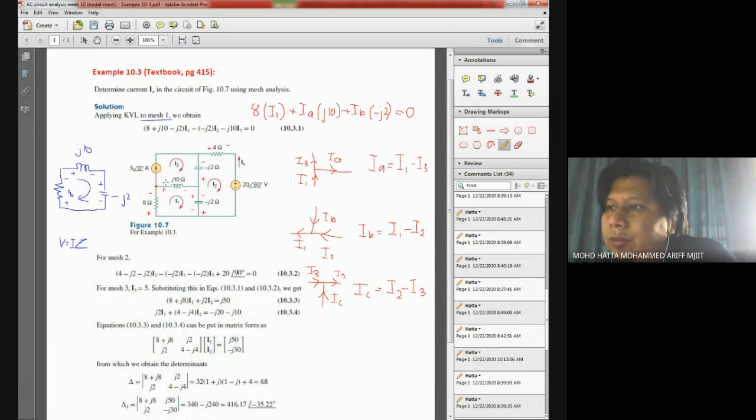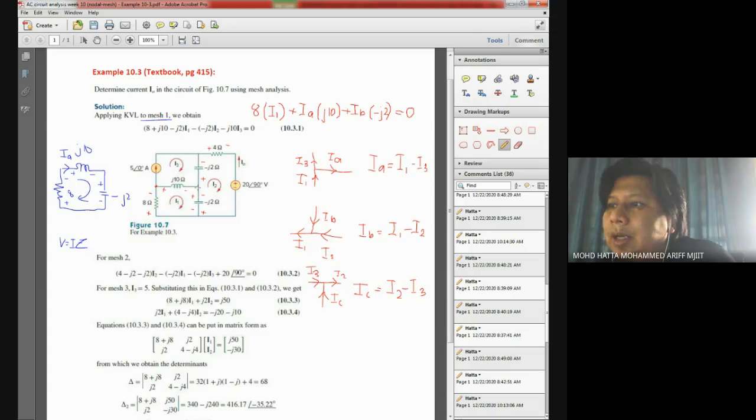We also need to know the current flowing through this J10 ohm, as well as this negative J2 ohm. It is straightforward to identify that the current flowing through this 8 ohm resistor is I1. However, the current flowing through this J10 inductor cannot be labeled as I1. Maybe I label it as IA.